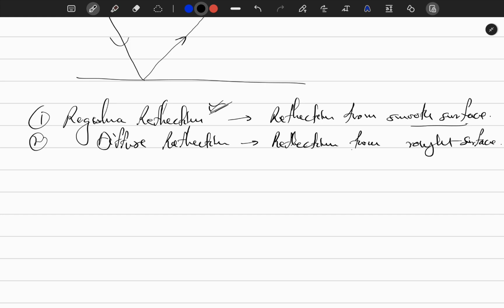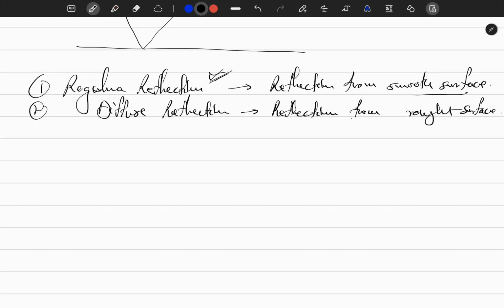Okay, so it is largely by diffuse reflection that we see non-luminous objects around us. The difference between diffuse and regular reflection is a matter of surface roughness.